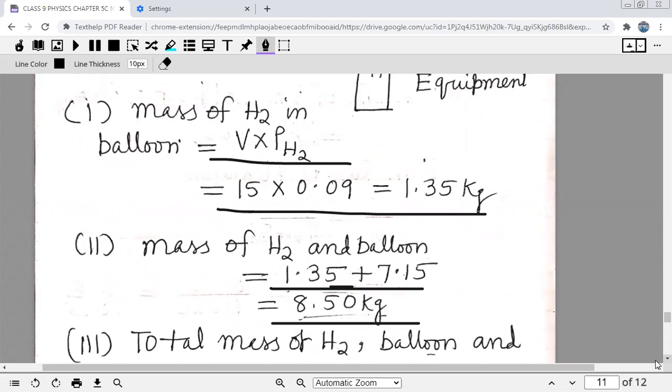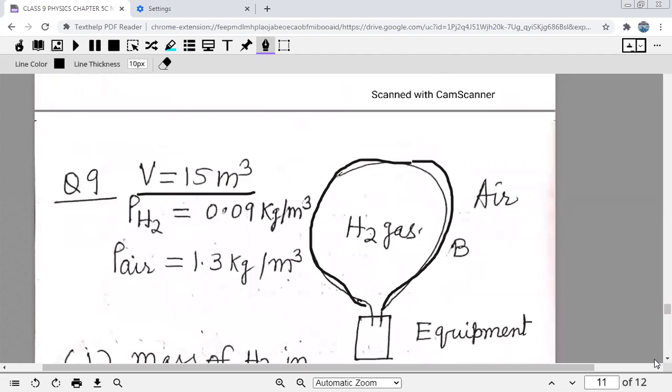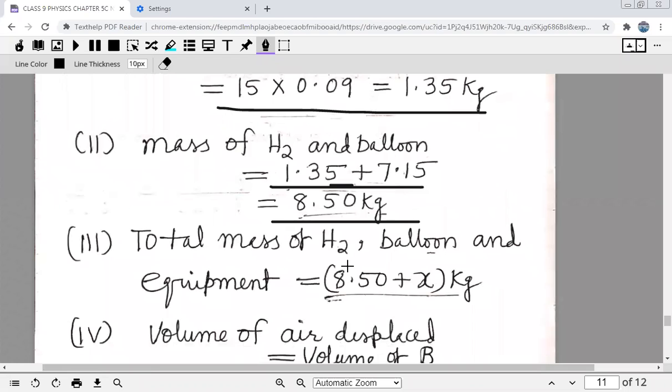Then it is also given that there is an equipment whose mass is x kg. So what is the mass of balloon plus hydrogen plus equipment? Balloon plus hydrogen is 8.50, equipment is x, so 8.50 plus x.